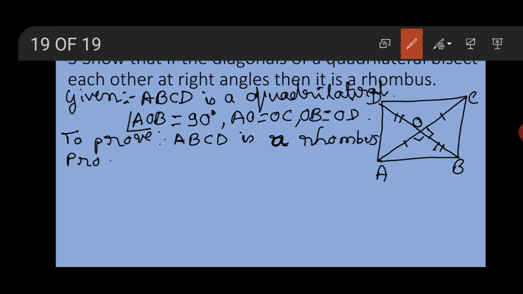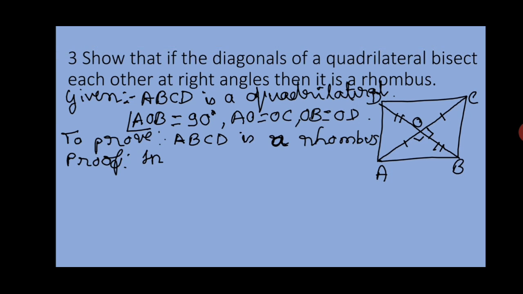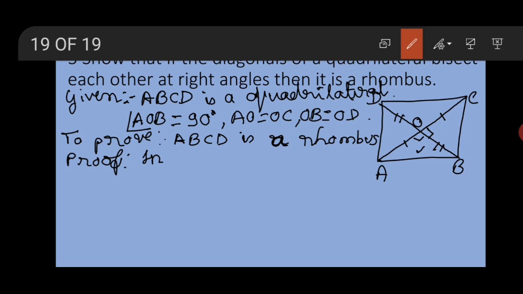Take down. Proof. We have to choose two triangles: triangle AOB and triangle BOC. Select these two triangles, right? In triangle AOB and triangle BOC, what do you know?